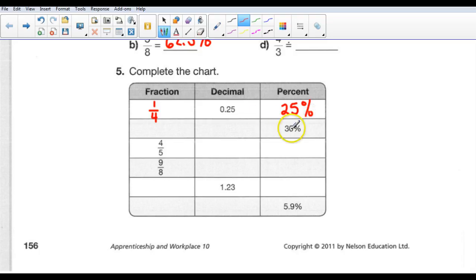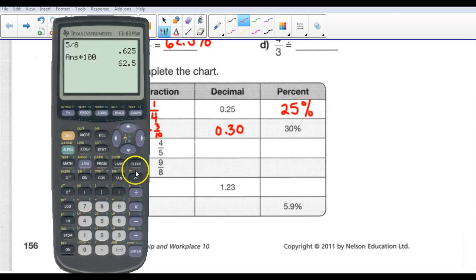Okay, now 30% as a decimal is 0.30. As a fraction, we know that 30% is just 30 out of 100, which is the same as, knock off a 0, 3 over 10. And we take our calculator and do 3 divided by 10.